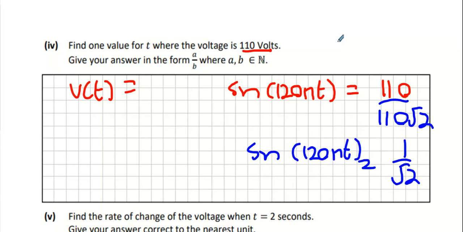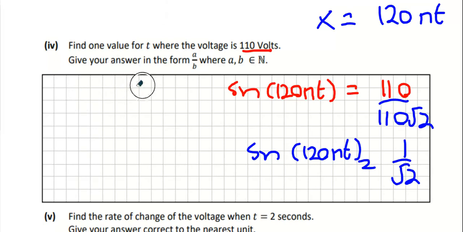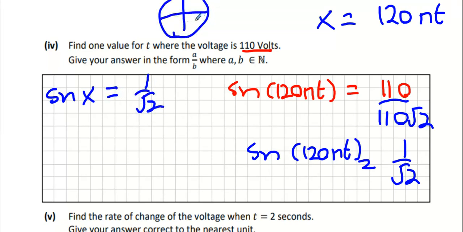Now I'm going to replace the angle x with 120 pi t. So I'm just going to simply have sine x. You've seen this already a couple of times. Sine x is going to be 1 over root 2. We're going to use AST sig, which we've been using a lot in this exam.